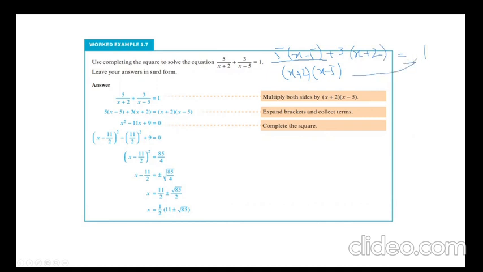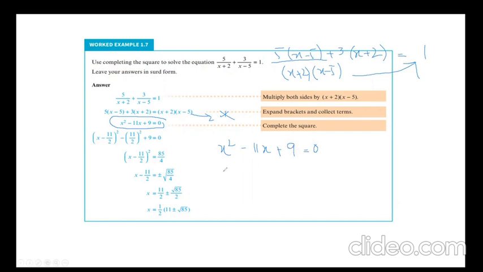So then multiply this equation with this. This is the equation. Now multiply all this and we find that this equals x square minus 11x plus 9 equals 0.